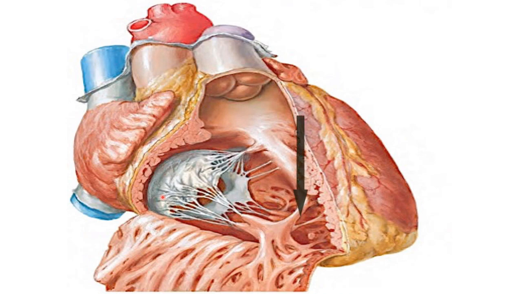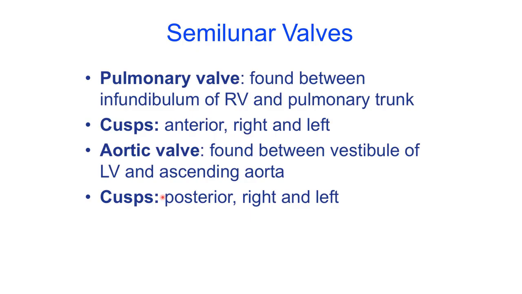If it is on the left side, then you remember you have the mitral valve. But again, you have these other valves here, the so-called semilunar valves. These semilunar valves are found in the pulmonary trunk, the pulmonary valve, and then you have the aortic valve. These are 3 again, and in the pulmonary trunk too, there are 3 of them.